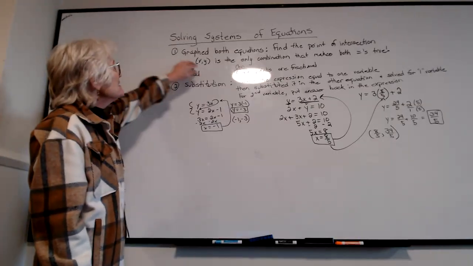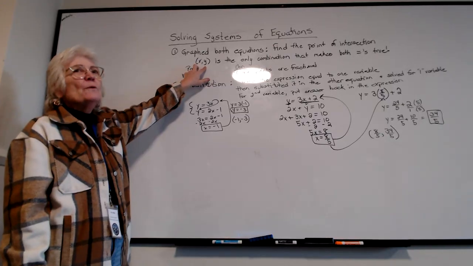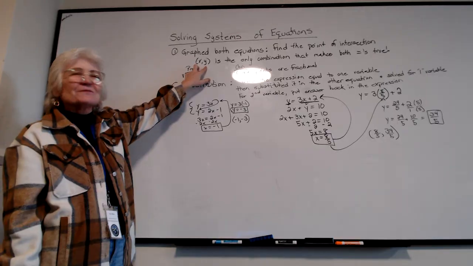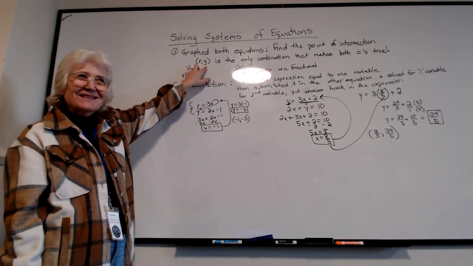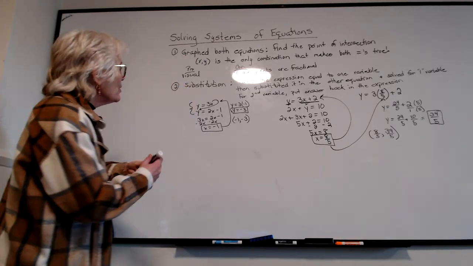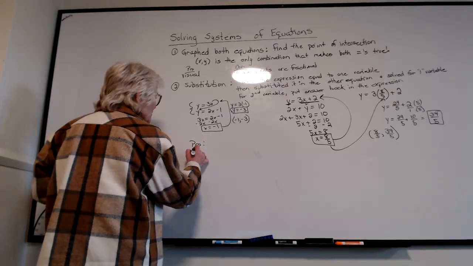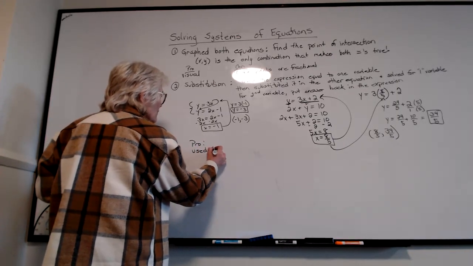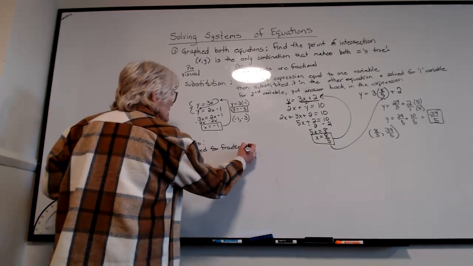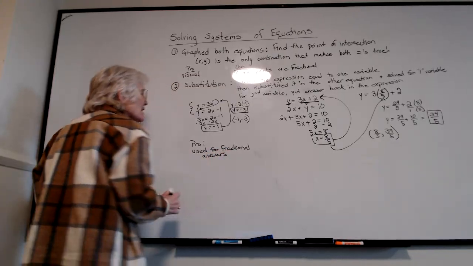So this is the easiest if you know that the numbers are going to be really nice. We actually kind of lose that one just because we don't know if the numbers are going to turn out to be integers or not. Okay. So then substitution, its pro is that it can be used for fractional answers because we can find them exactly.